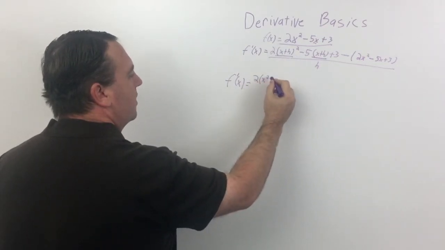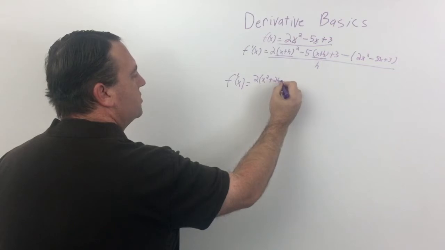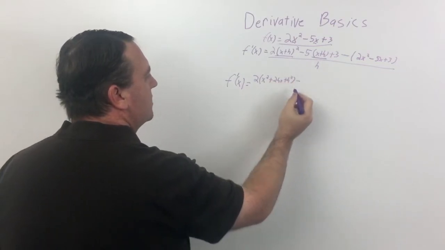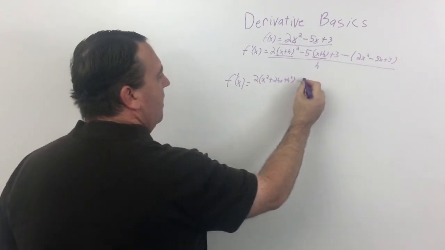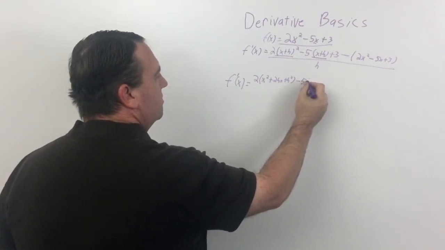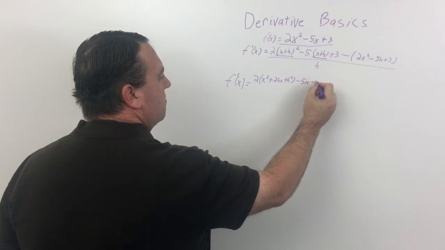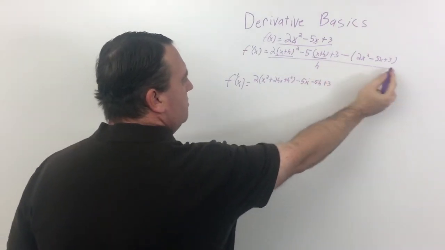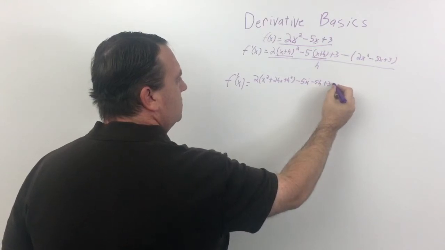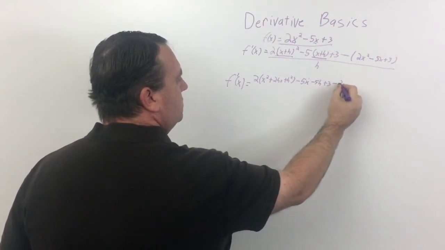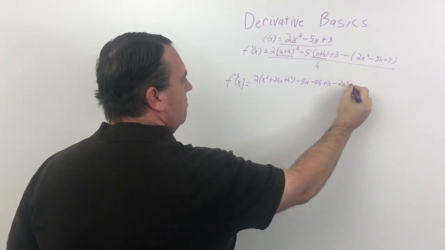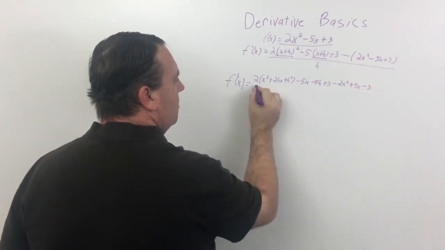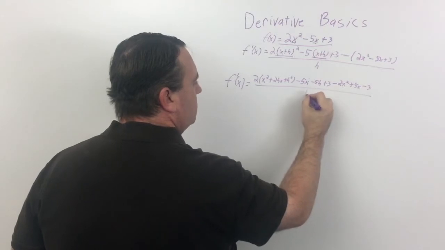So that's x squared plus 2hx plus h squared, minus 5, we can go ahead and distribute this, minus 5x minus 5h plus 3, and we'll distribute this minus, so minus 2x squared plus 5x minus 3, all over h.